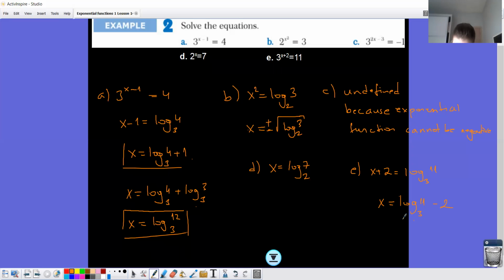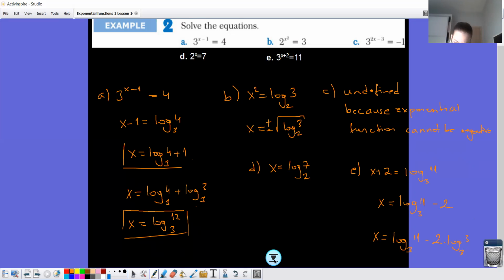So here you can leave it like this. Or what we can do, I can show you one more step: logarithm of 11 to the base 3, because here I have the base 3, minus 2 times logarithm of 3 to the base 3.